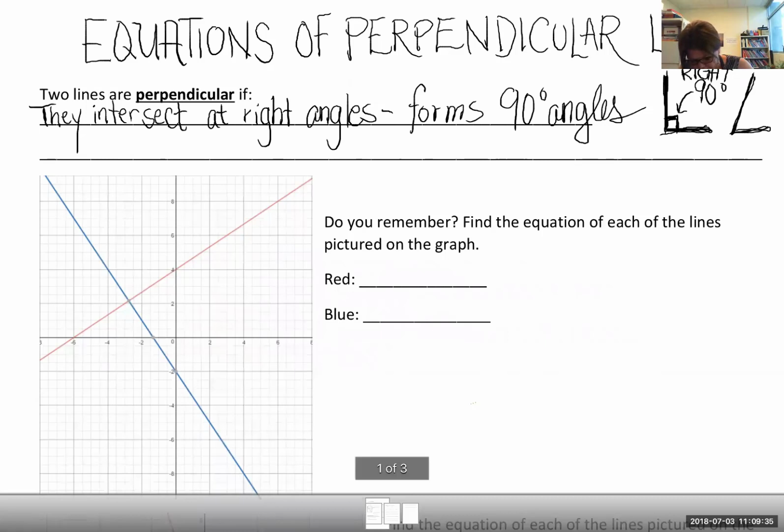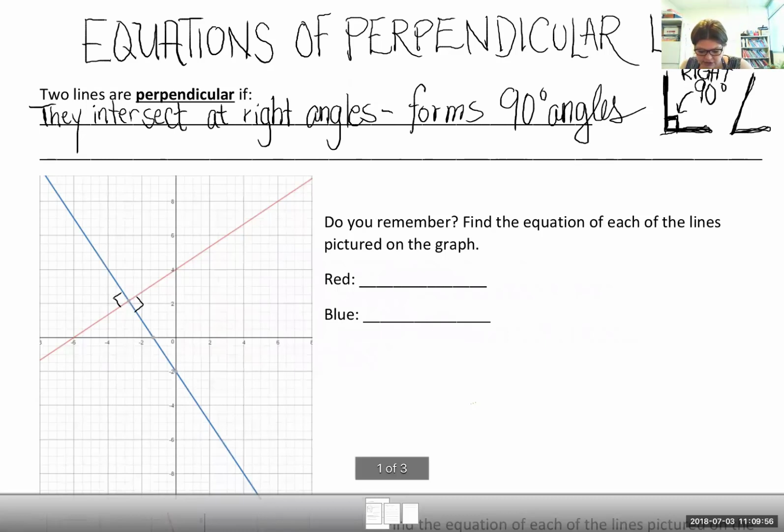I didn't mark it on this one. Frequently on the GED, they'd be marked to give you that guarantee of them being perpendicular, because things could look perpendicular and not be perfectly perpendicular. But anyway, I promise you these two are.